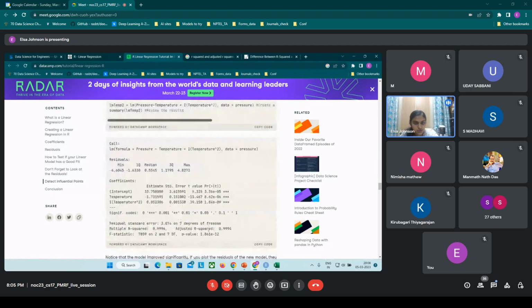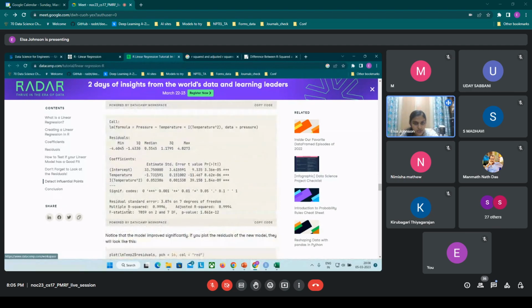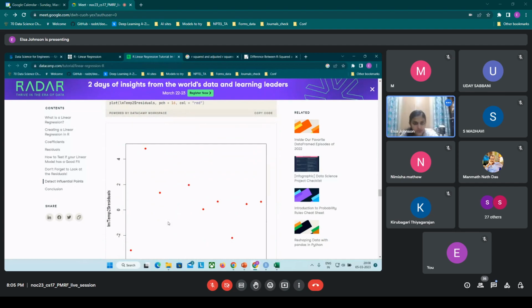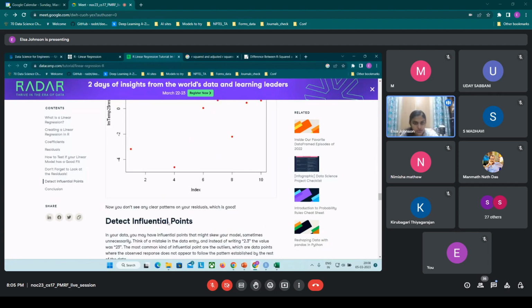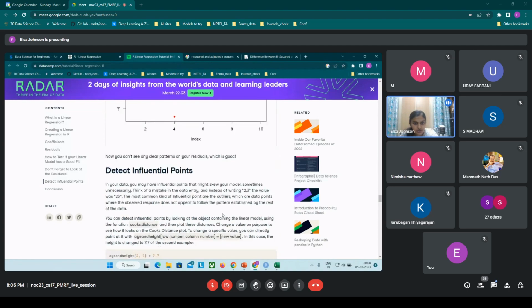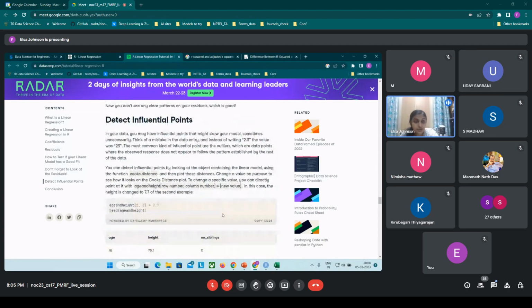Now when they plot the residual, it's coming like this. So now you can tell that there is some randomness. If you don't have any pattern, then maybe you can go for that model itself. That is what you can see from the residual plot.